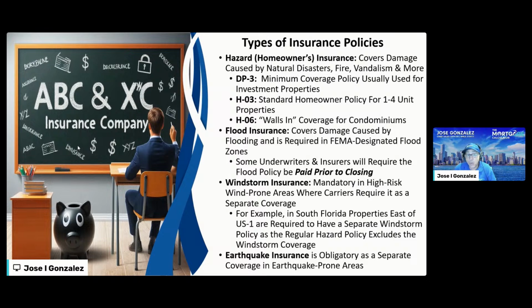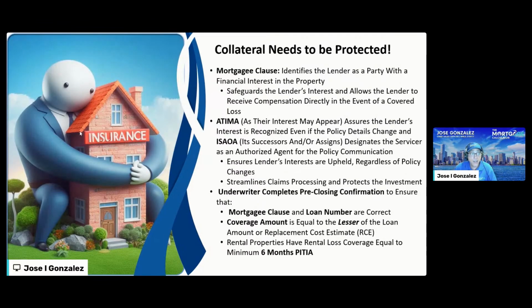So be aware when you are structuring your deals if any of these additional coverages are going to come into play, because it will result in additional cost to your borrower and will affect your DTI or your DSCR, whichever is applicable. So don't get caught by surprise and have the deal fall apart.